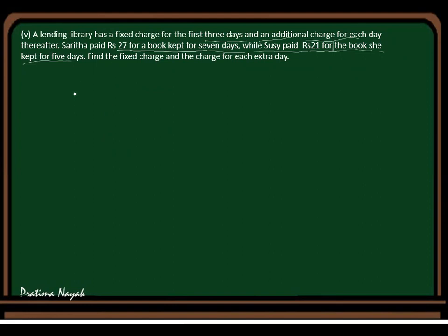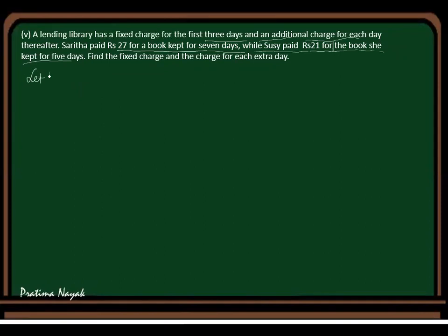That means if you are a member, you pay a fixed charge and it is allowed for 3 days. You have to pay nothing extra, only the fixed charge. And after that, you pay money for each day. So there are two unknown quantities. One is the fixed charge.